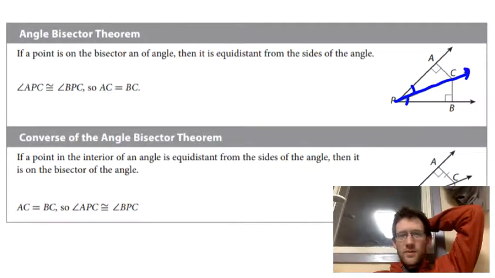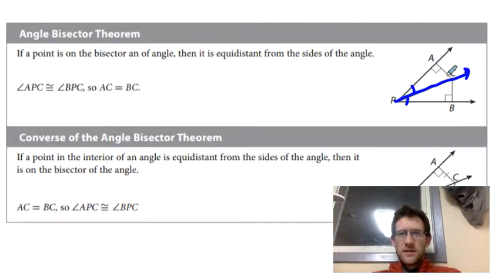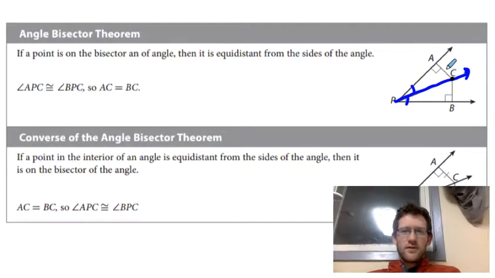And now we can go a little bit further, and we can say, if a point is on the angle bisector, then that point is equidistant from the two sides of the angle. So in this case, AC is congruent to BC. Those are congruent segments right there.